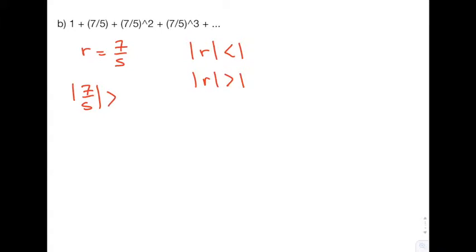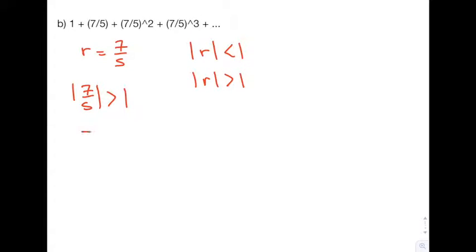That's pretty nice. Let's look at another one. We have 1 plus 7/5 plus 7/5 squared plus 7/5 cubed. Now it looks to me like this particular problem is trying to highlight that our common ratio is 7/5. Again, the criteria for an infinite geometric series converging is that the absolute value of R is less than 1, and the criteria for diverging is the absolute value of R greater than 1.